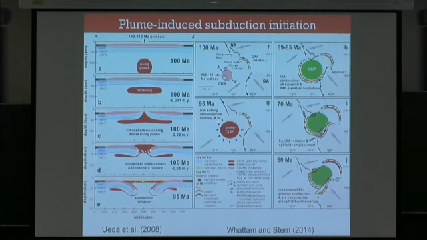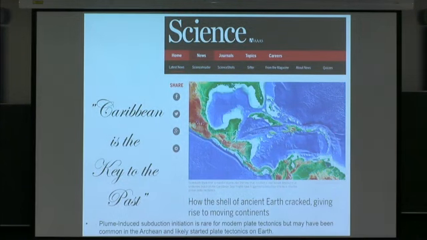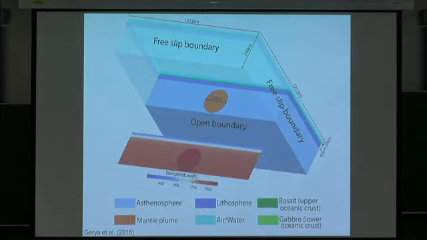They even found komatiites within this plume region, this Caribbean large igneous province. So then we suggested that this is probably how subduction and plate tectonics were initiated on Earth, and this place in the Caribbean serves as an example of how plate tectonics started on Earth, which is of course very vigorous speculation, but we like to do this speculation.